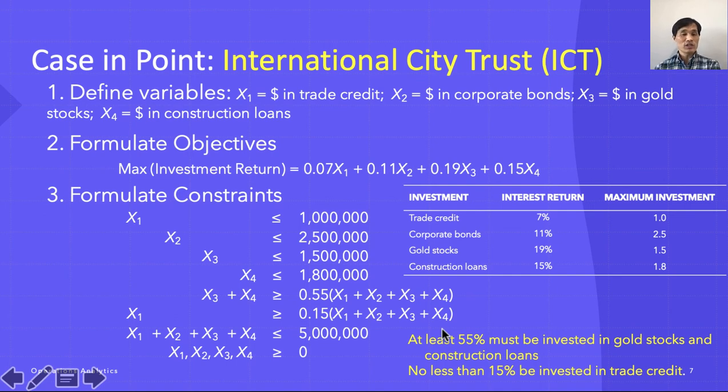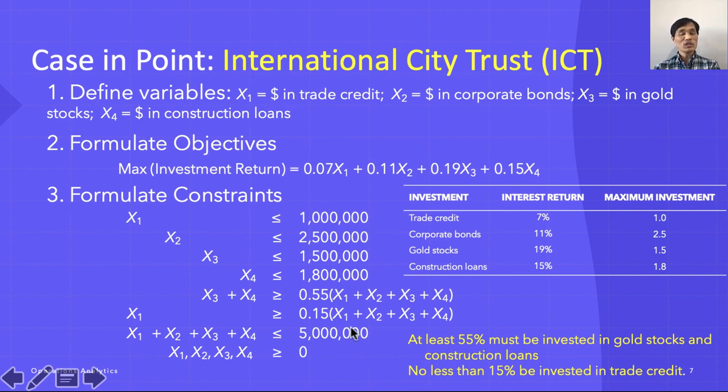So make sure that X1 is greater than or equal to 15% of total investment. Therefore, we have to have this parenthesis with X1 plus X2 plus X3 plus X4. And we know that the total investment they have is $5 million. So their total investment can be at most $5 million, but it can be less than that.